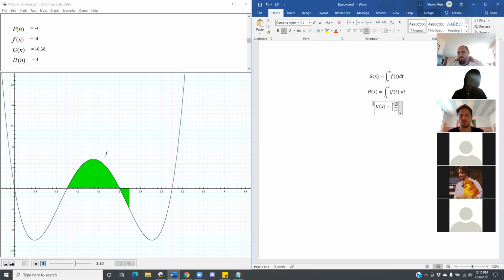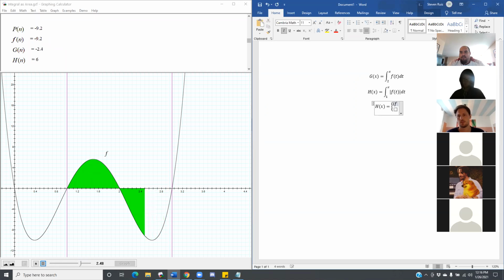So we're just doing a piecewise function, right? Yes. So if x is less than 2, you would do the integral of h of x, and if x is greater than or equal to 2 and less than or equal to 3, then you would do the integral of g of x.